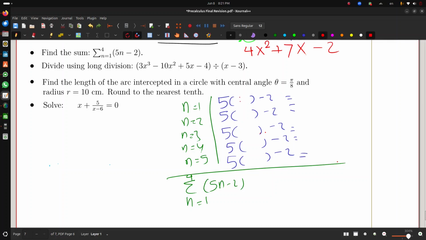Okay, the first one will plug in 1, 2, 3, 4, 5. Just calculate the answer. 5 times 1 minus 2, it will be 3, it will be 8, it will be 13, it will be 18, and this one 23. And then add all of them.